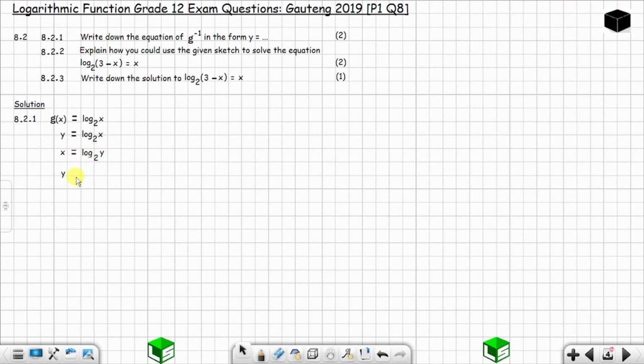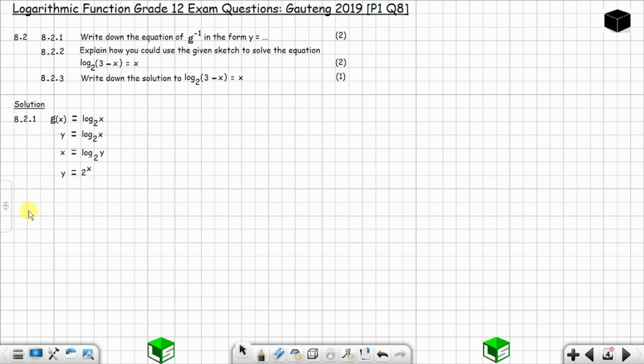You can see this is the base. It is written as the base, and whatever you have on the other side is your exponent. This is your base, and this is your exponent. As simple as that.